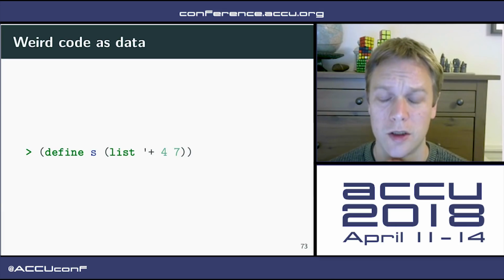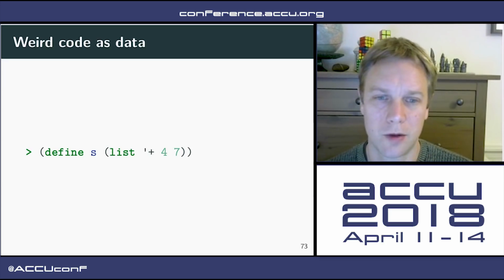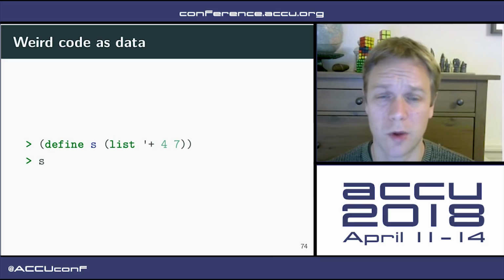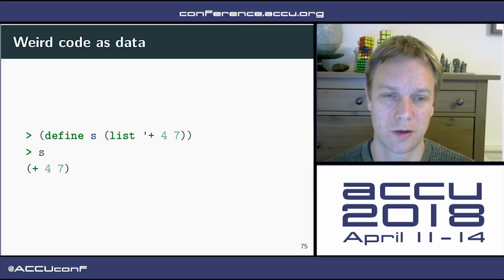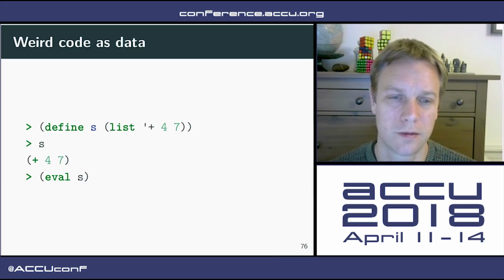But for now, just believe me that that is a list of a plus sign, a 4, and a 7. We're going to put those things into a name called s. When we ask what s is, it's going to print out plus 4, 7, because those are the things we put in. And when we ask Scheme to eval s, well, maybe have a guess.